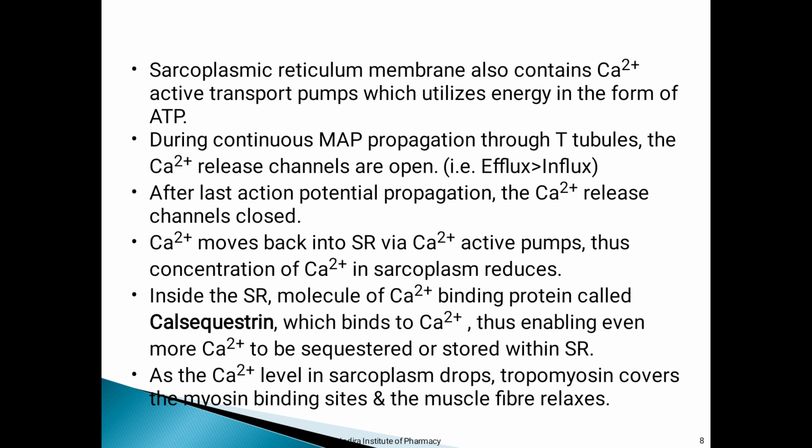One is the calcium release channel, and the second is calcium ATPase, that is the calcium active transporter, which utilizes energy in the form of ATP. So it is called calcium ATPase.